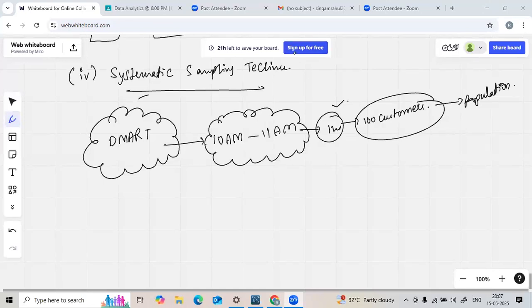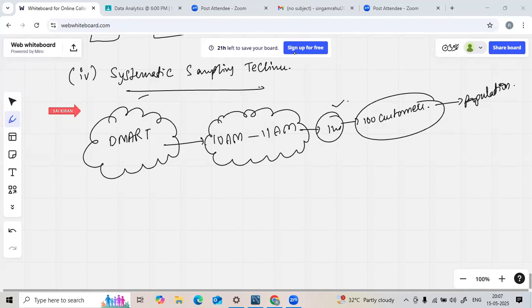You are providing clear instructions to that person not to check fever status and pulse for every customer entering DMart. You are just providing an instruction: check every 10th customer. That's it. You just need to check every 10th customer.